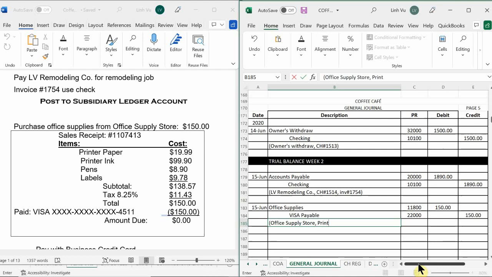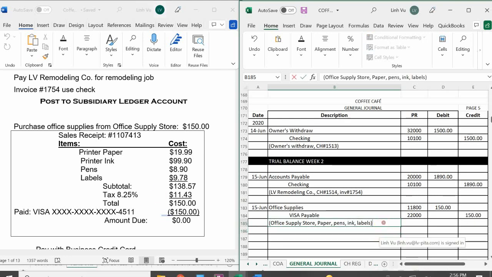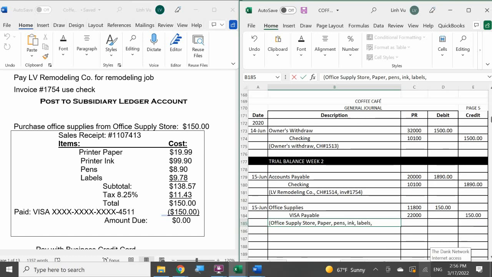Well, I guess we bought paper, pens, ink, labels. That's good enough. Oh, and what else is very important to this? We use Visa, but in this case, you don't necessarily have to say that you used a Visa credit card because you already have it put in the Visa payable. That's straightforward.